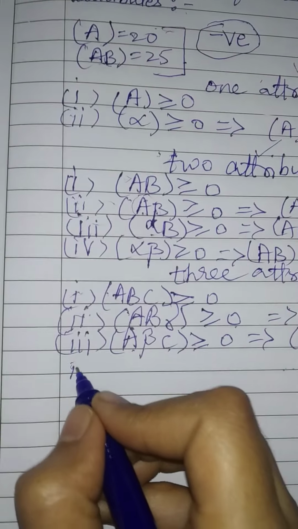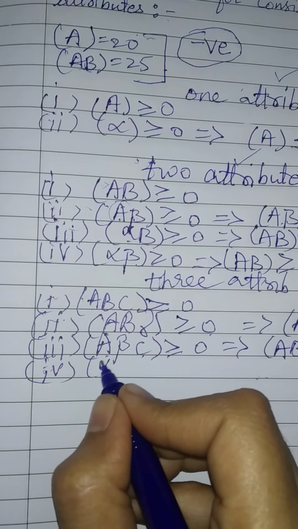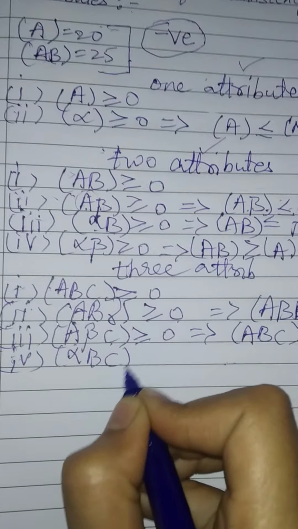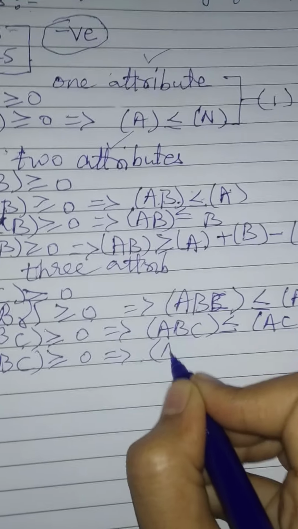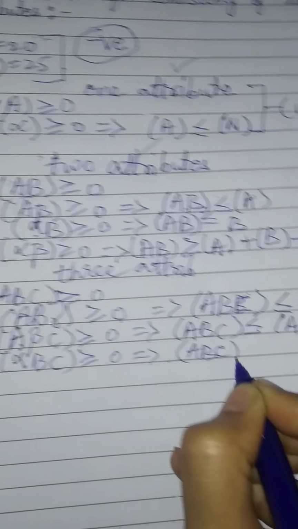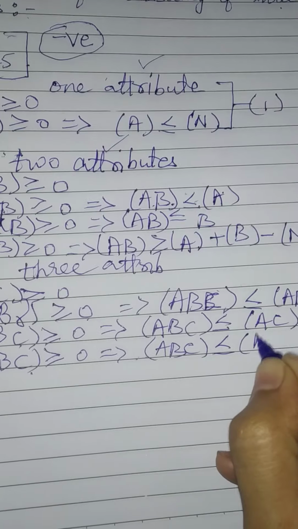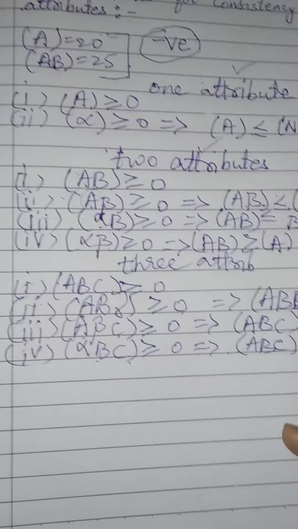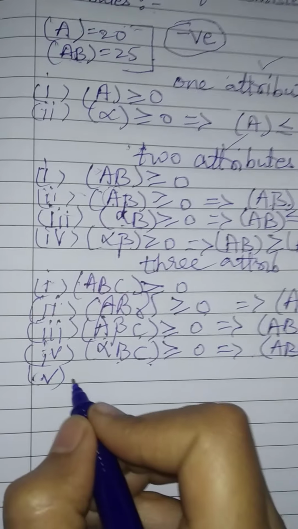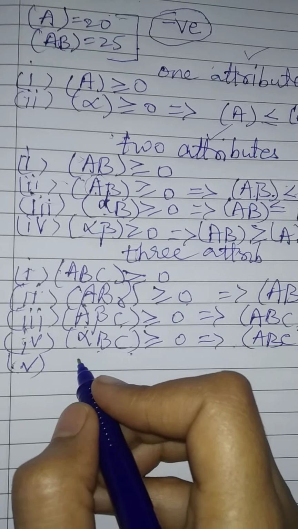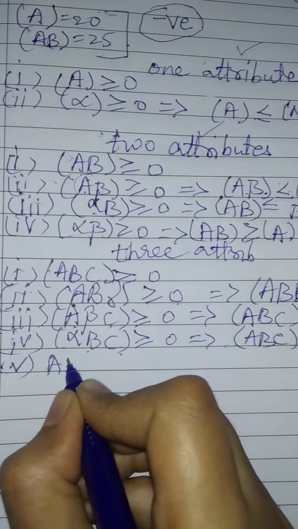So here for the fourth one, students, if it is alpha, B, C greater than or equal to 0, it will be ABC less than or equal to what is left here? B and C, no? Just think it like this, B and C class. Now the fifth one, here it is A, beta and gamma.